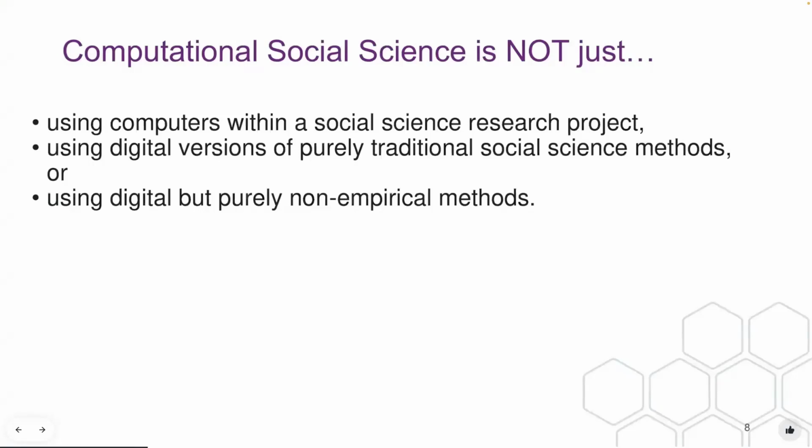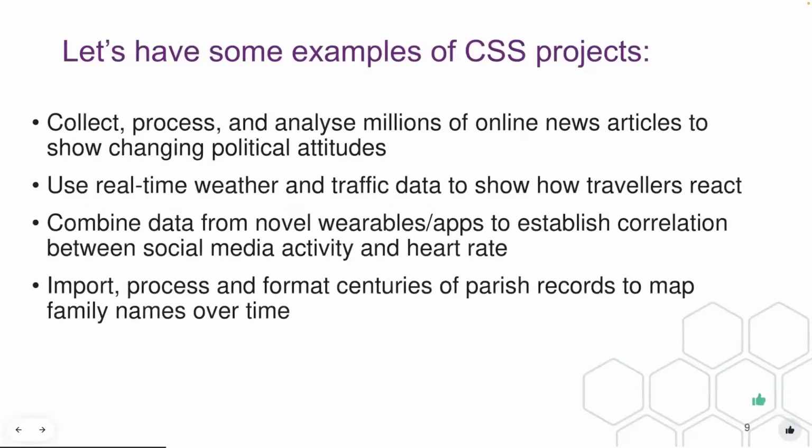And I'm going to give you a few examples now that are going to untangle these ideas a bit more, because I know that they're not always entirely obvious. On the screen, we can see some examples that might help put this into context. Our first example of a CSS project would be collecting, processing, and analyzing millions of online news articles to show changing political attitudes.